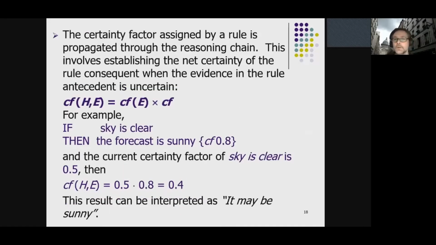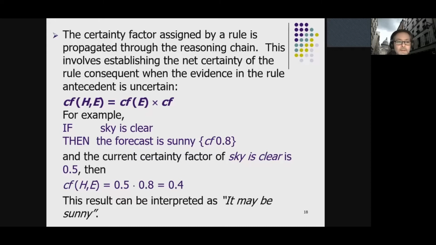So the certainty factor assigned by a rule is propagated through the reasoning chain. I talked about reasoning chains last week, how the output, the result of one rule may trigger another rule, which also gradually causes a chain of inferencing and leads to the final decision of the whole knowledge-based system, for example.